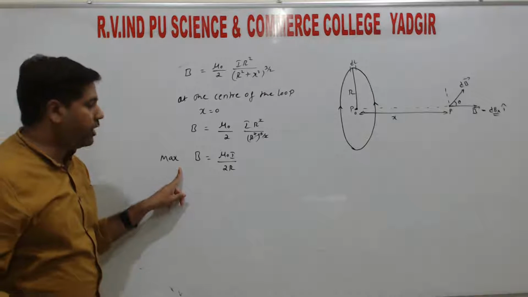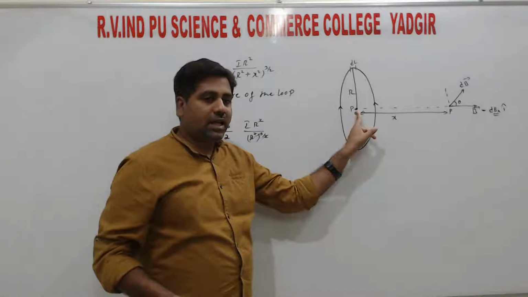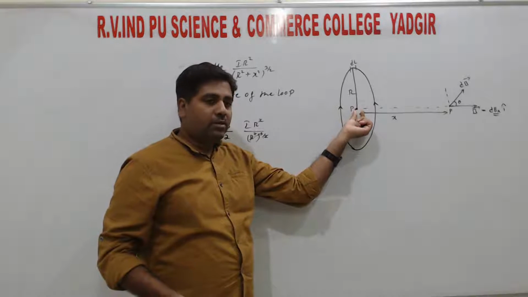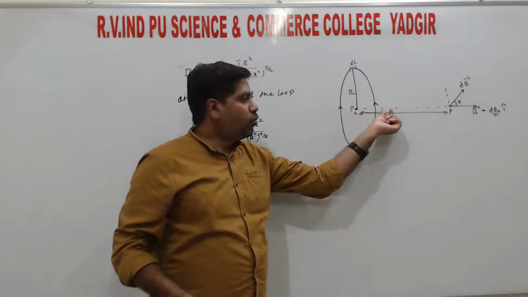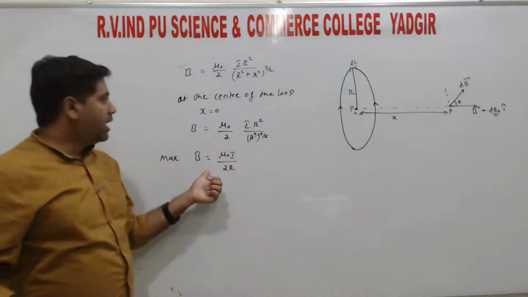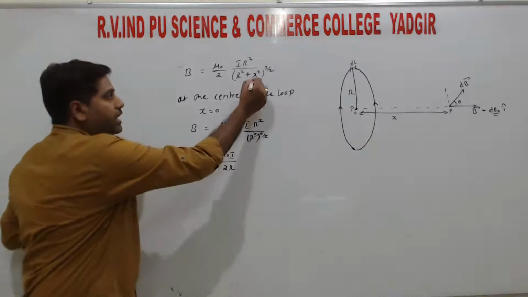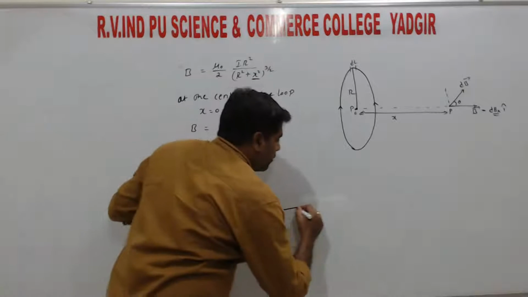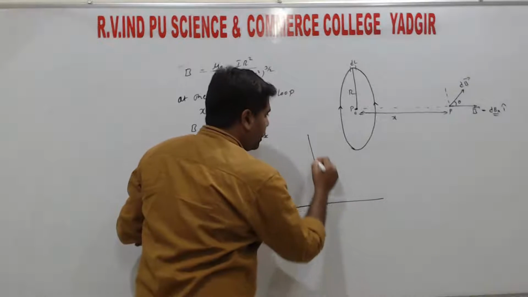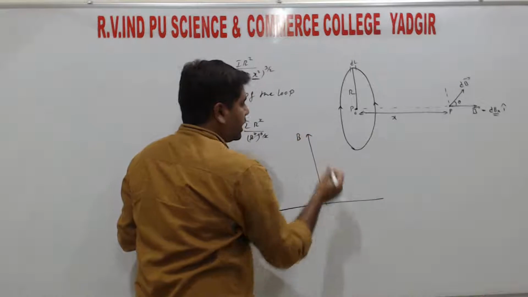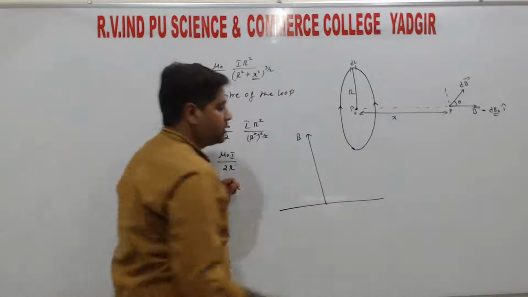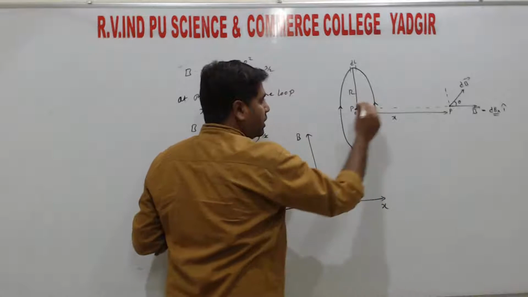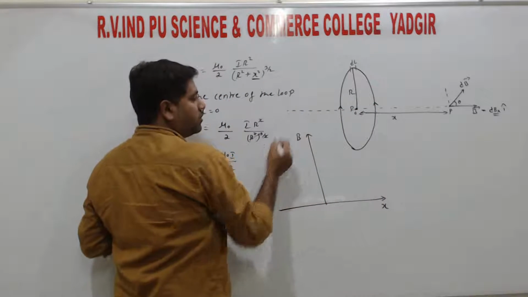The maximum magnetic field is obtained when the point lies at the center of the circular loop. As it moves away from the center, the magnetic field decreases, because it is inversely related with the distance. If we plot the graph of magnetic field versus x, with magnetic field along the y-axis and distance along the x-axis, this is the positive x-axis and this is the negative x-axis.